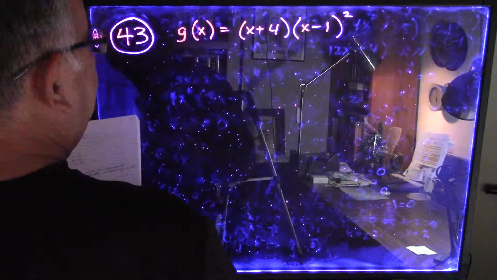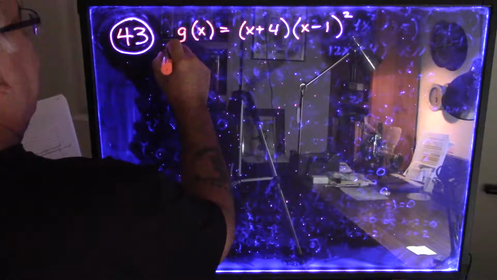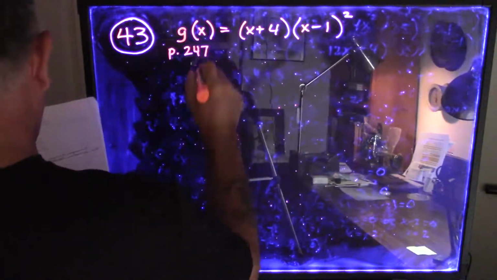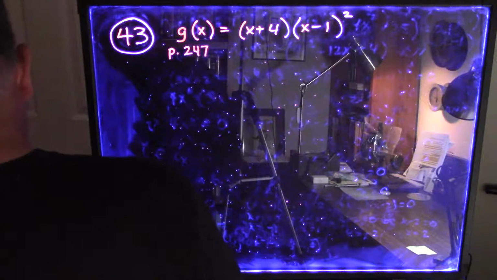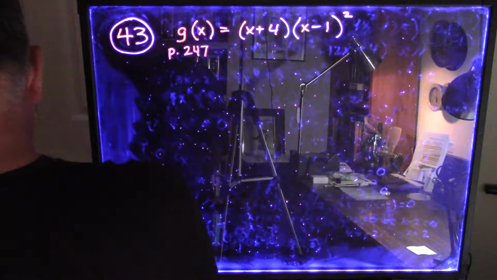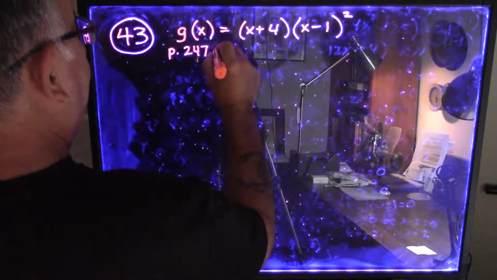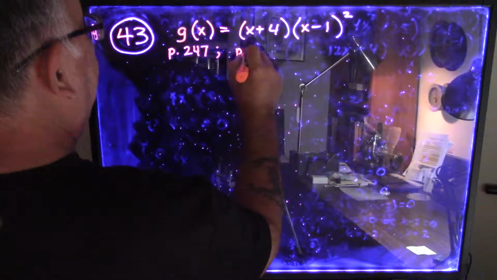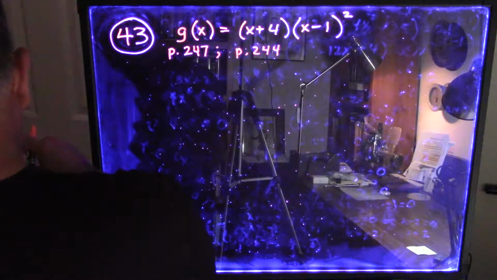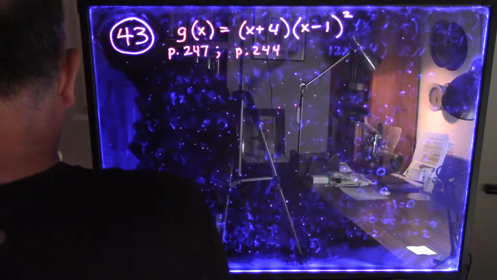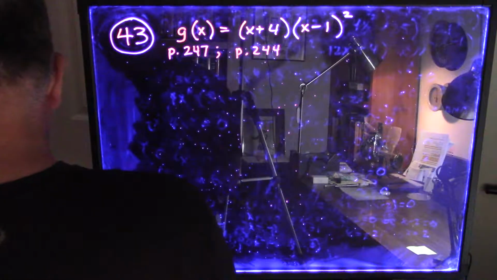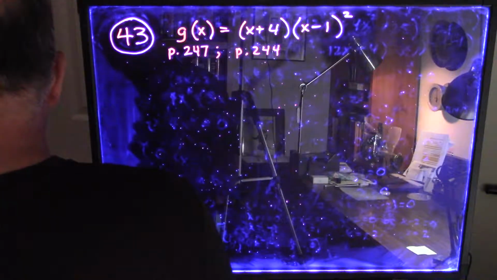Okay, now if you look on page 247 in your book, and we're also going to be using page 244, the information there later on when we graph these. And I think that's it.